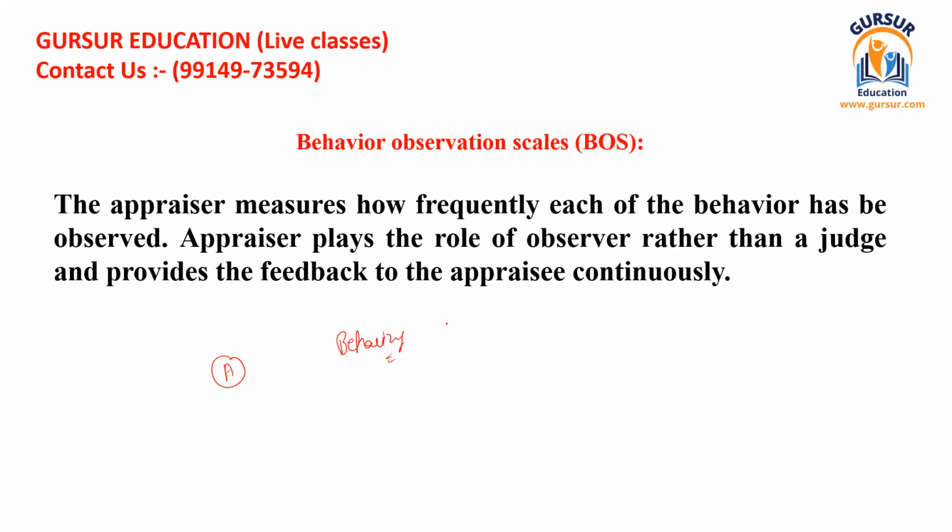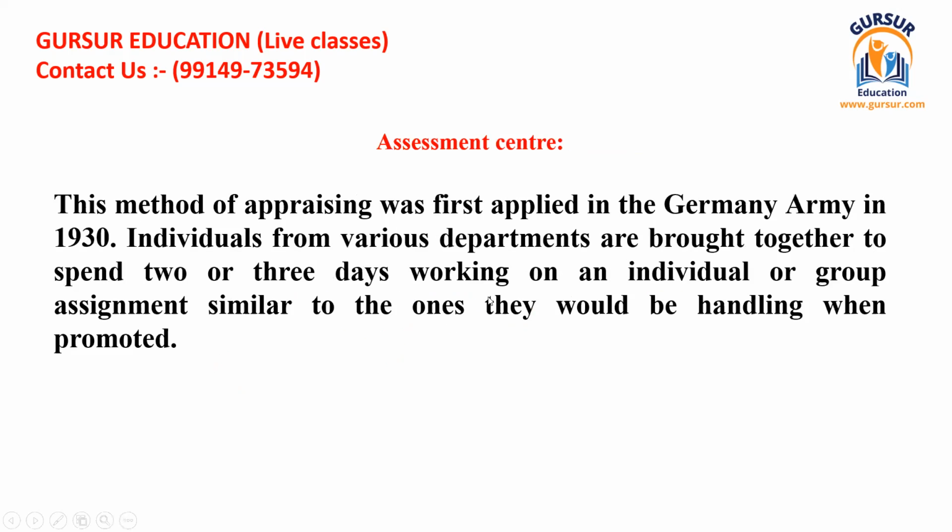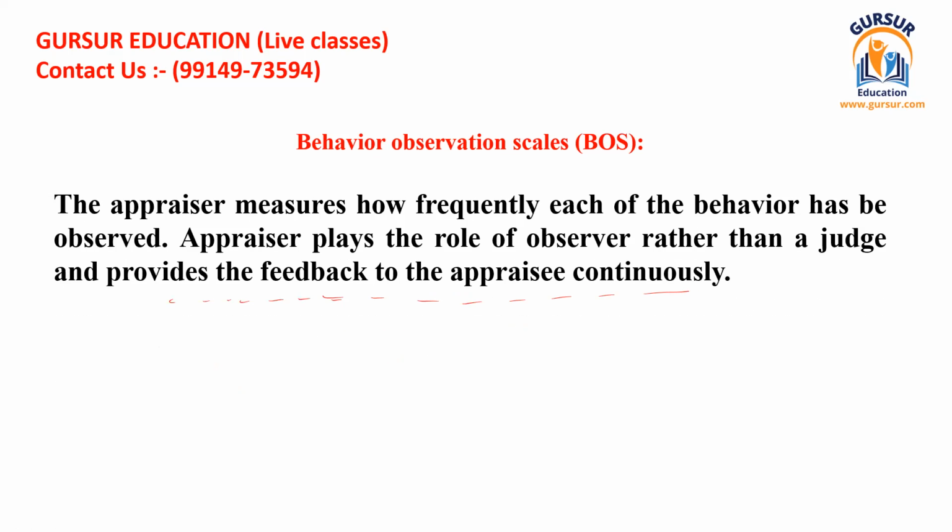He is just putting his hands up and doing something 10 or 20 times a day. These kinds of things are recorded by the employer or the appraiser, and feedback is given to the appraisee continuously that you are performing that kind of behavior. Either you have to change it or you have to amend it. So that was regarding BOS.